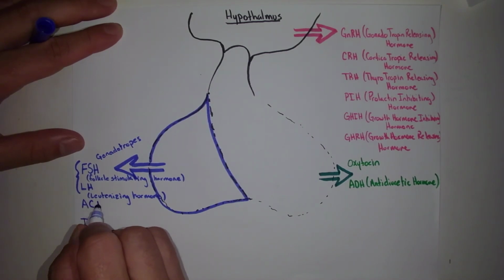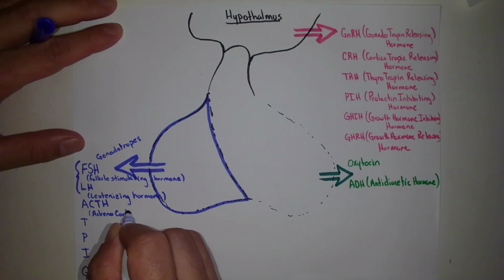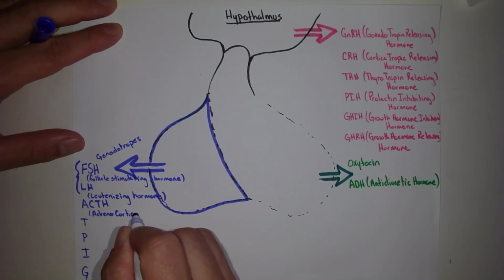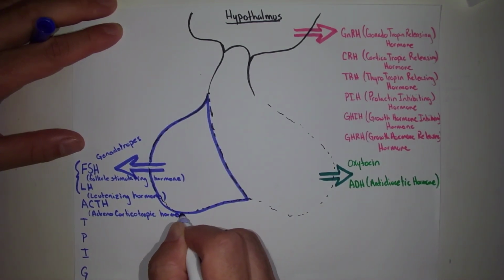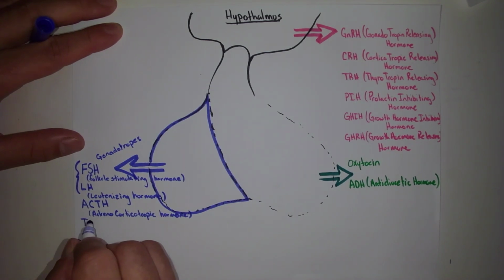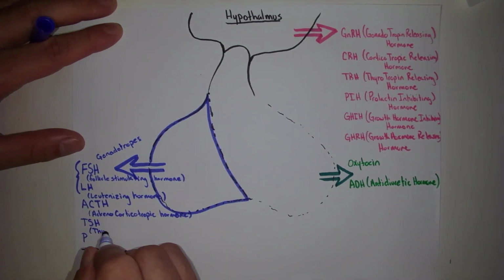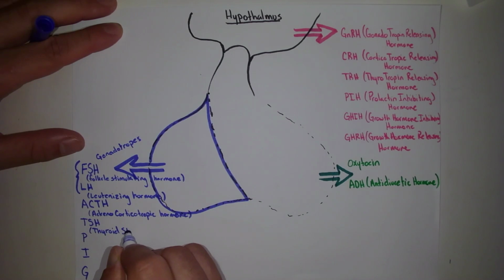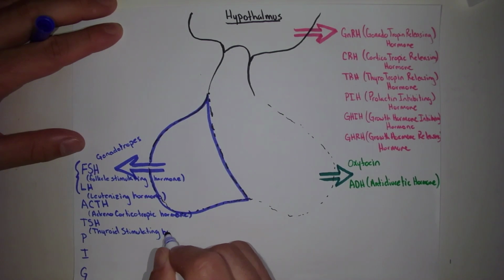We also have ACTH, adrenocorticotropic hormone, TSH, the thyroid stimulating hormone.